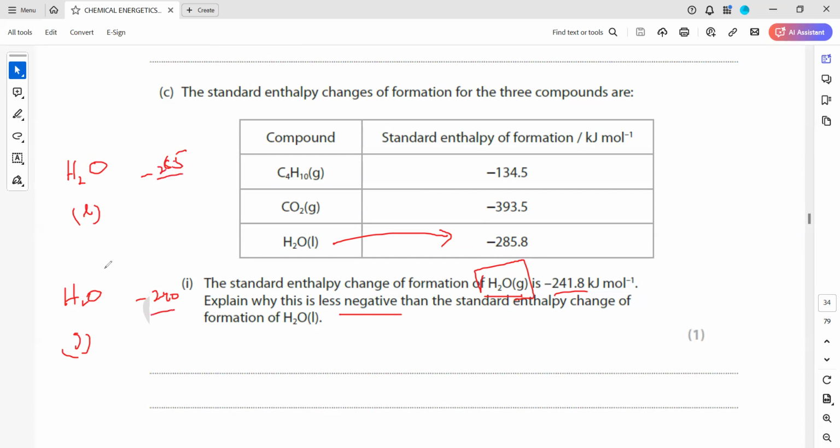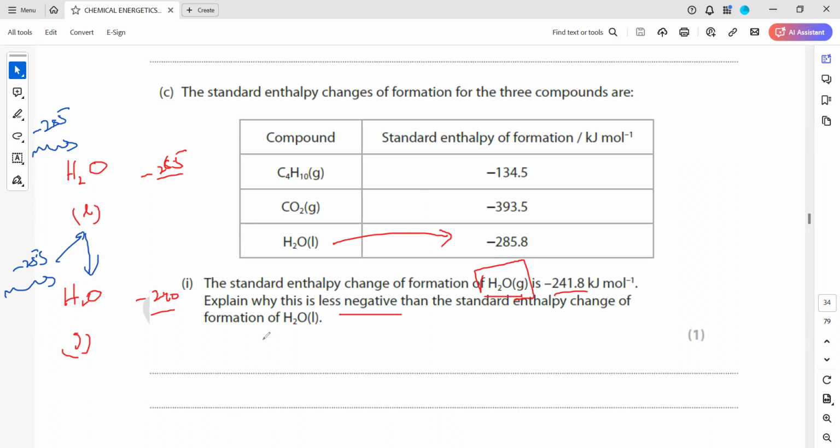So what might be a reason for that? The reason is that both are actually producing the same amount of energy. Both are producing minus 285, where the negative shows it's given out. But out of minus 285, some of the energy is absorbed by the water, which converts the water into vapor.